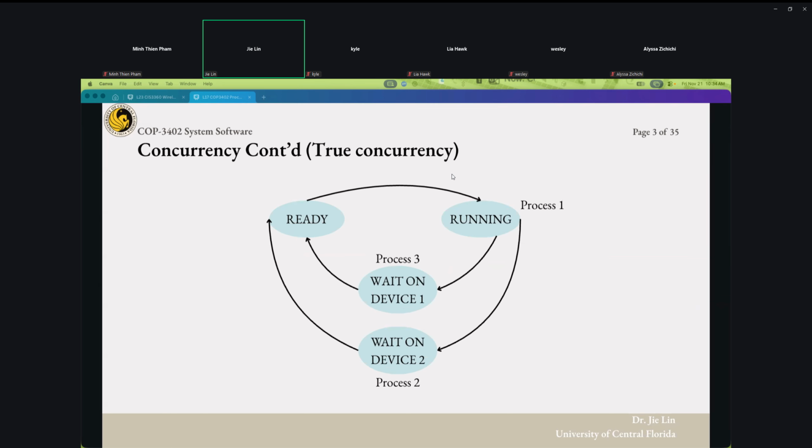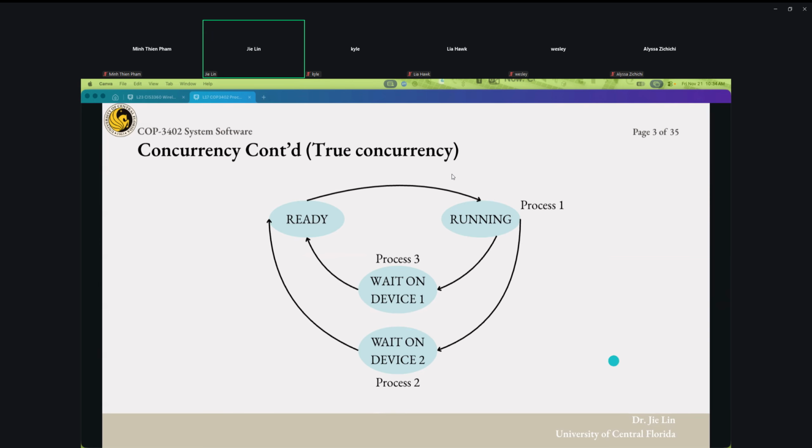Here it is. In this system, with multiple processors, cores or threads, we achieve genuine parallelism, so multiple processes truly run at the same time. Consider the diagram: we have multiple states, running and waiting, indicating different processes interacting simultaneously.